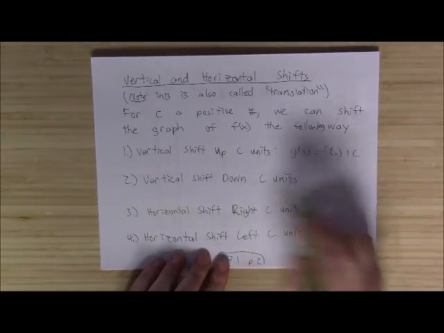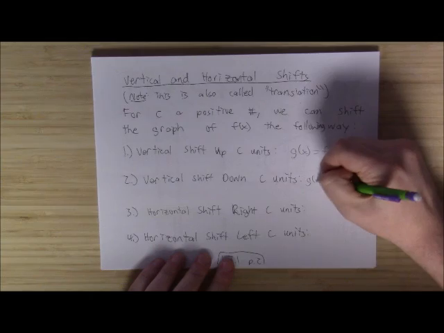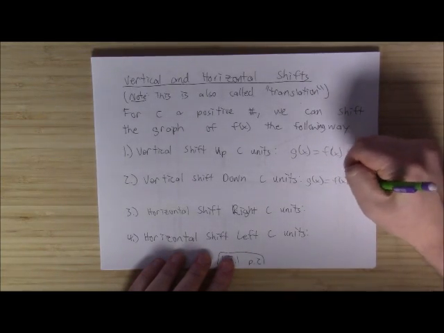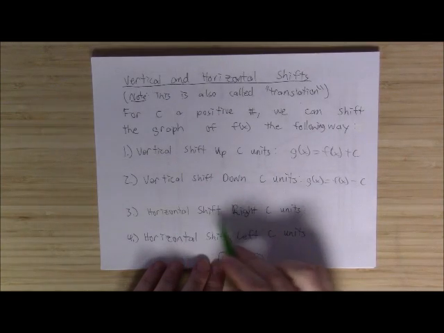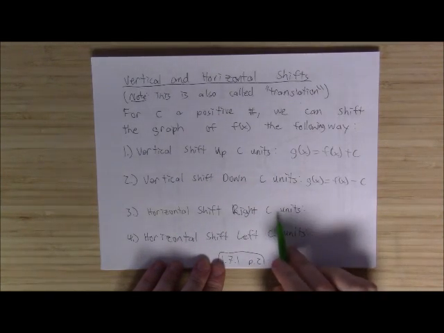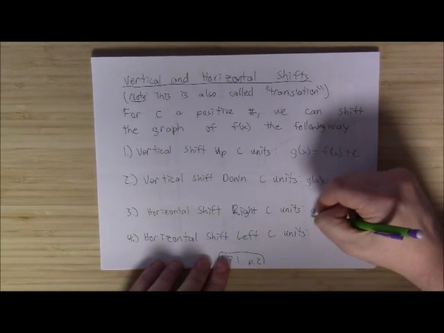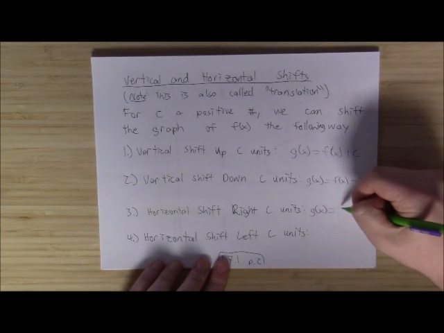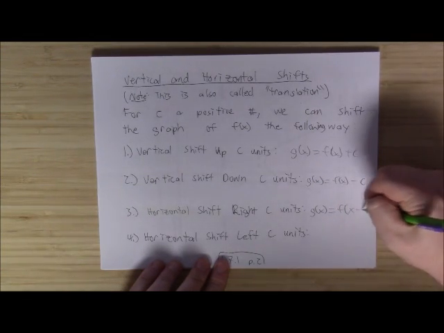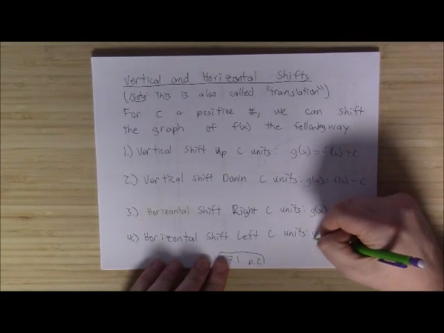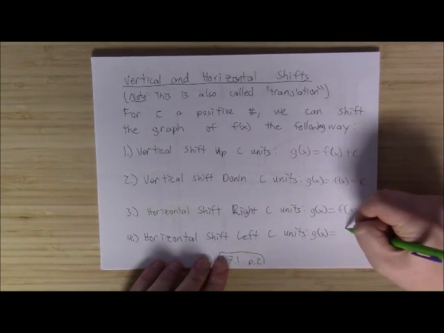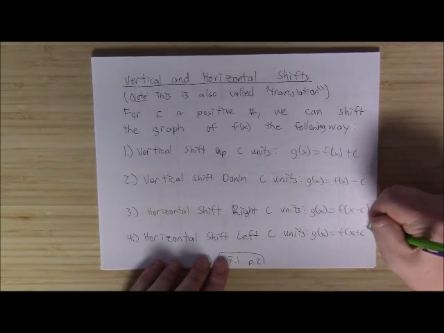We could also shift it down c units. Well, that would be by taking f of x and subtracting c on the outside of the function. A horizontal shift right by c units is by subtracting c on the inside. And shifting it left by c units would be by adding a c on the inside.